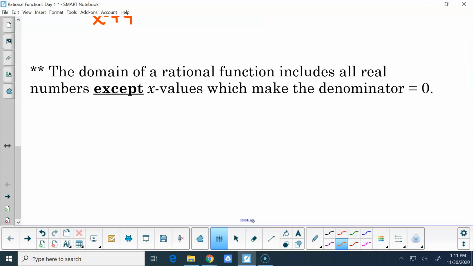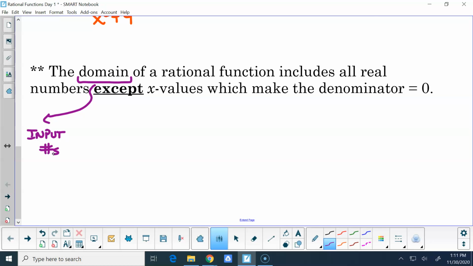Remember, domain is the input numbers. Okay? So what numbers can we put into our function? Okay? So the domain of a rational function includes all real numbers except x values, which make the denominator 0.